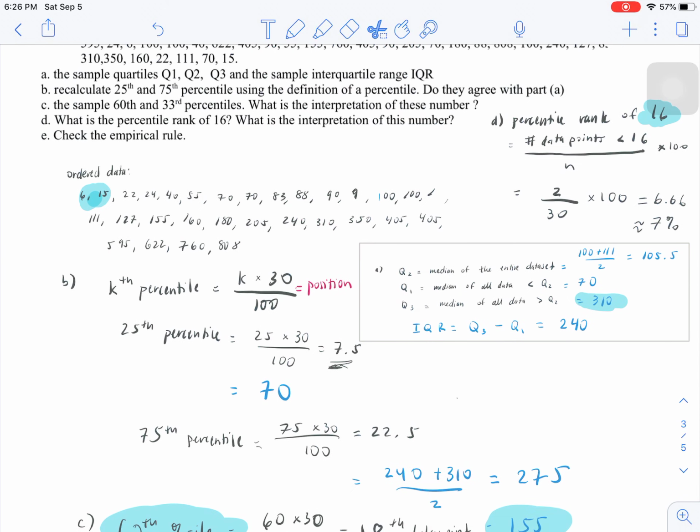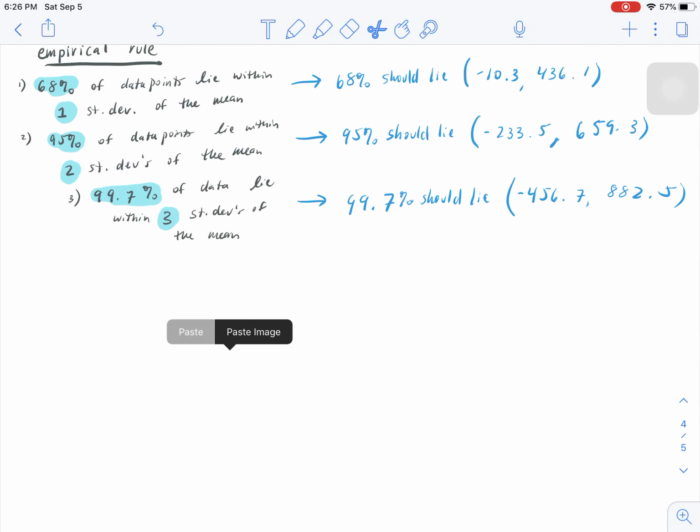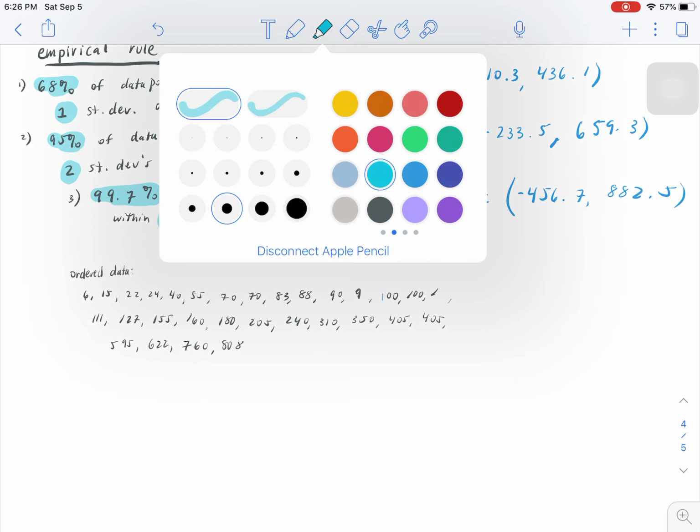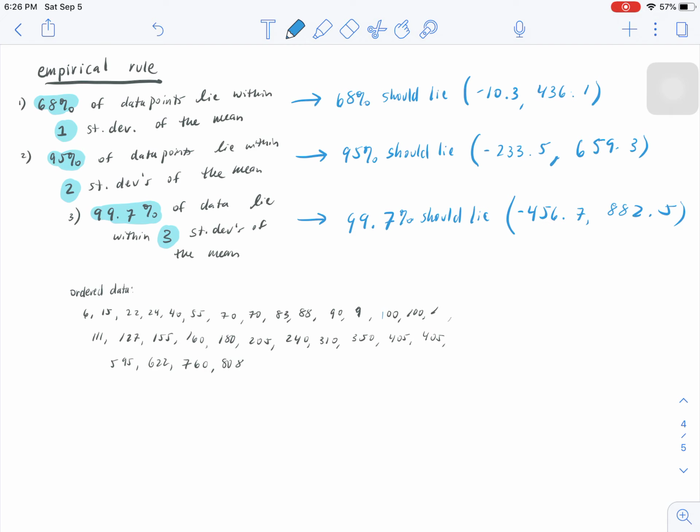So let me take my ordered data set again. Let's find this first interval, where my upper bound is 436.1. That is everything in the first 2 rows.